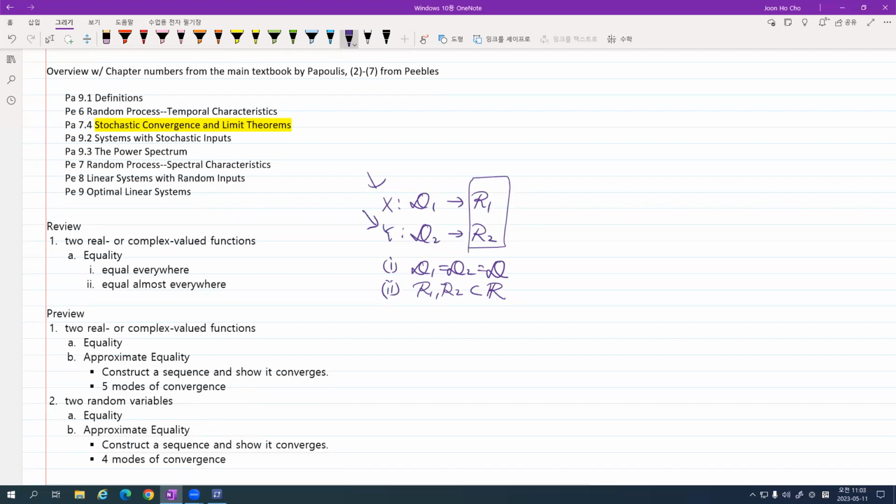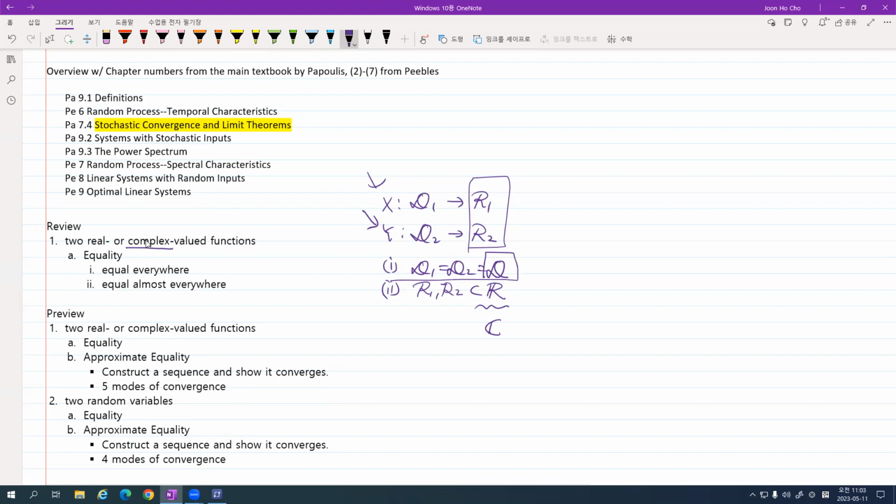Got it? So if we change the topic to complex valued functions, this part will be changed to the set of complex numbers. So be careful. Here, the domain D may be a subset of the reals, but in general, it is an abstract set.